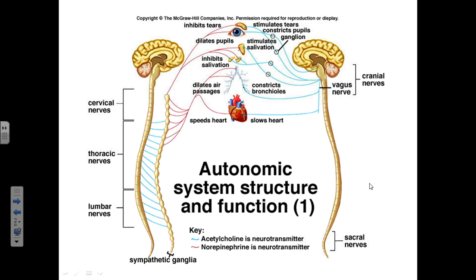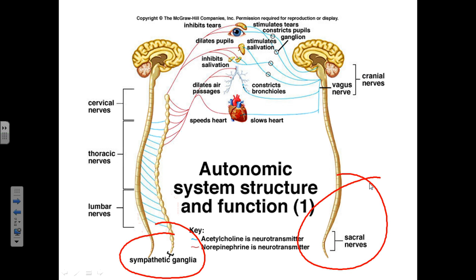So here's your autonomic nervous system. And you see that most of these parts have two different sets of nerves going to them. Over here we've got the sympathetic on this side and the parasympathetic over here. Let's look at the effects of the sympathetic nervous system on your heart.